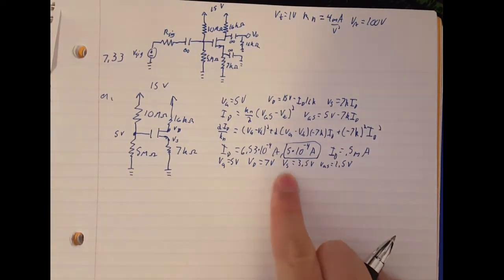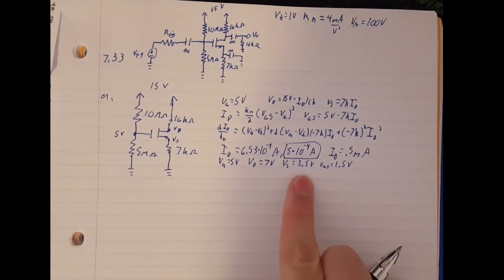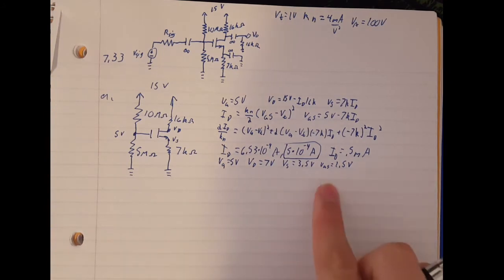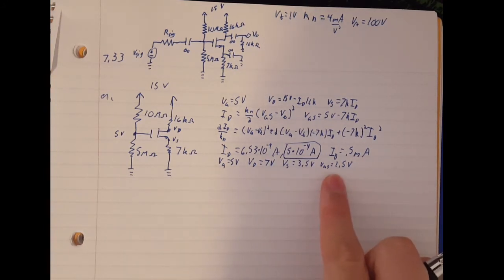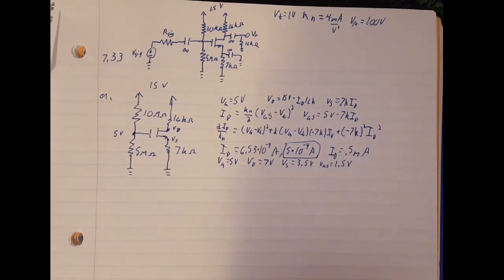And we can check to make sure that this is in saturation by doing VDS, which is 7 minus 3.5, so 3.5, and make sure that's greater than VGS minus threshold. So 3.5 is greater than 1.5 minus 1, so we are in saturation.